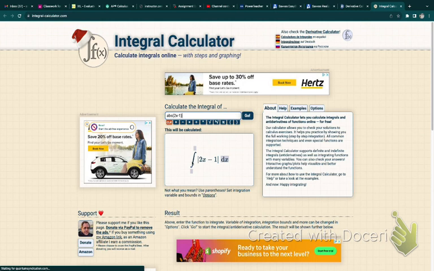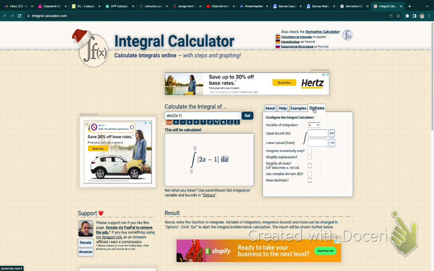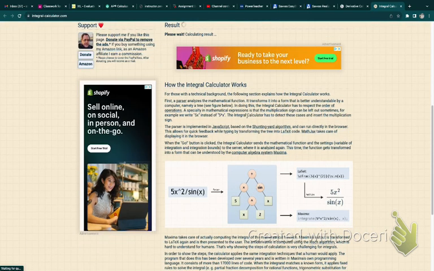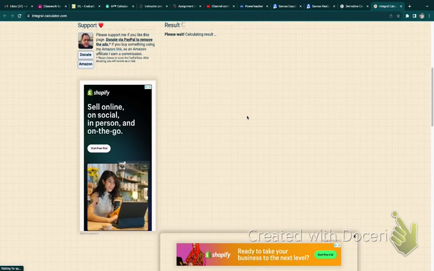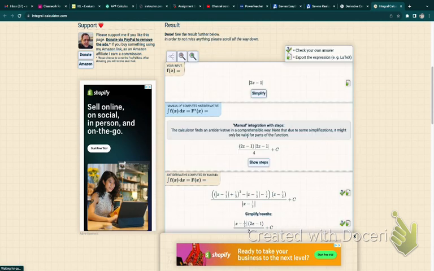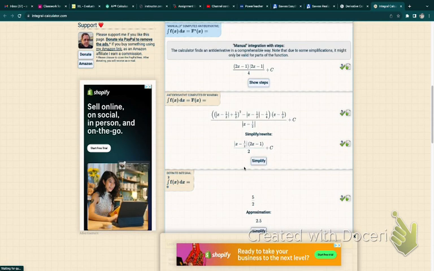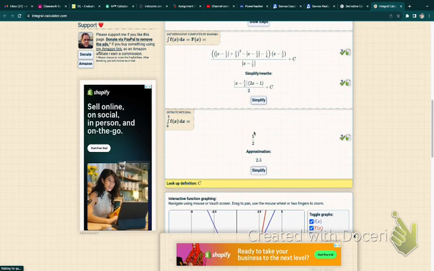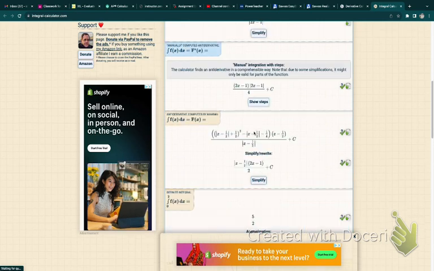Okay, and you can have it definite or indefinite. You go to options, and you just put from 0 to 2. And go. And it has the answer. It's 5 halves. If you need it to show you steps, you tell it to show you steps.